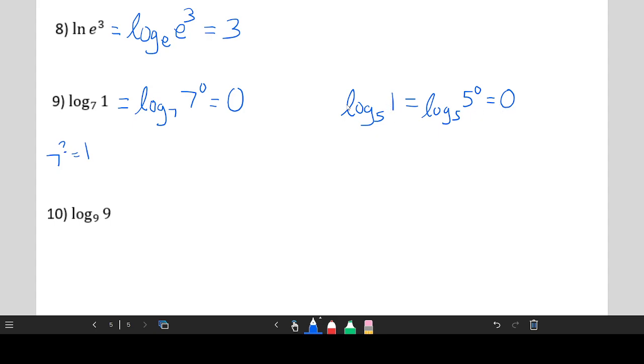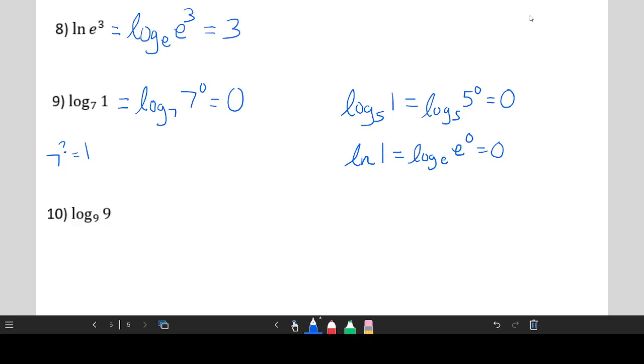So anytime the input of your log is 1, you're going to get 0, including natural log. Natural log of 1 will also be 0 because that's log base e of e to the 0. And so anytime you have an input of 1, regardless of what the base is, the value is 0.